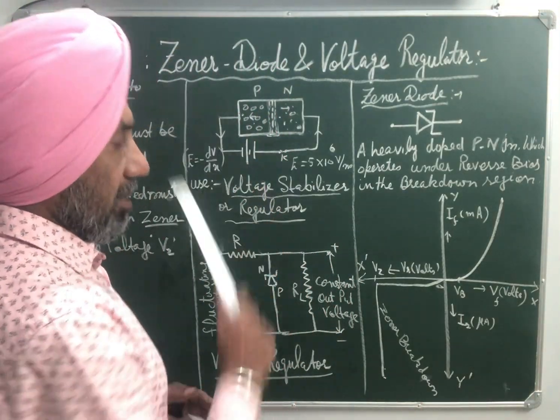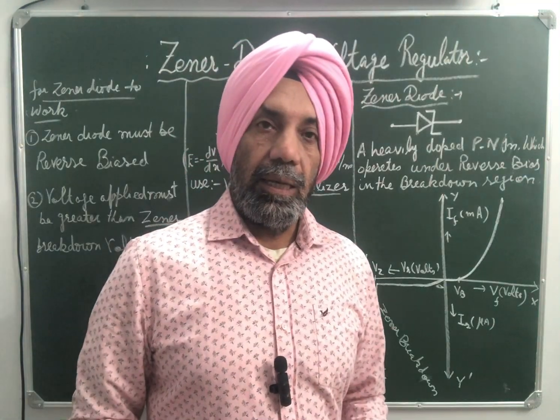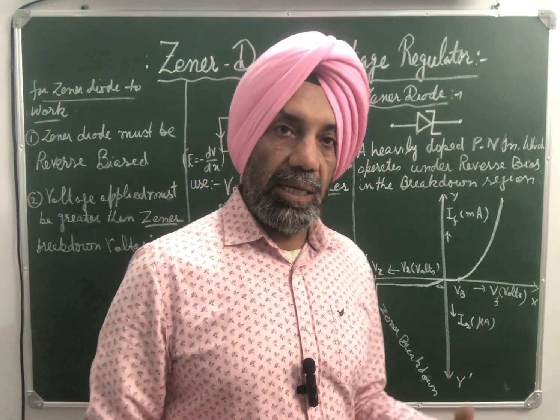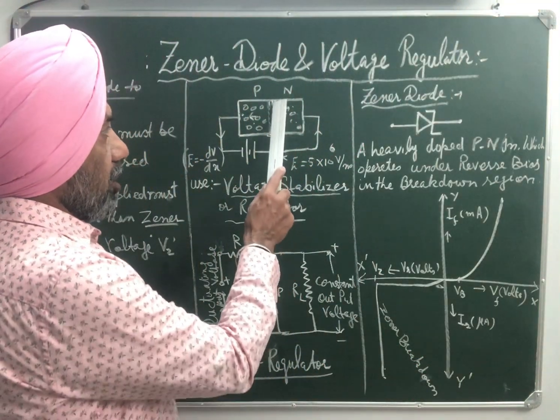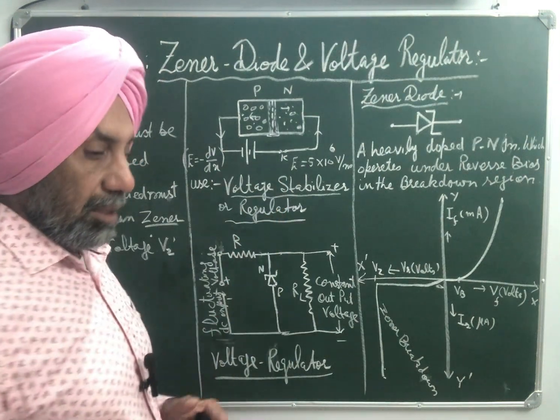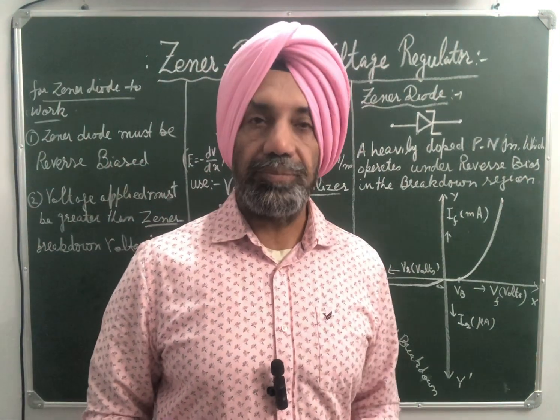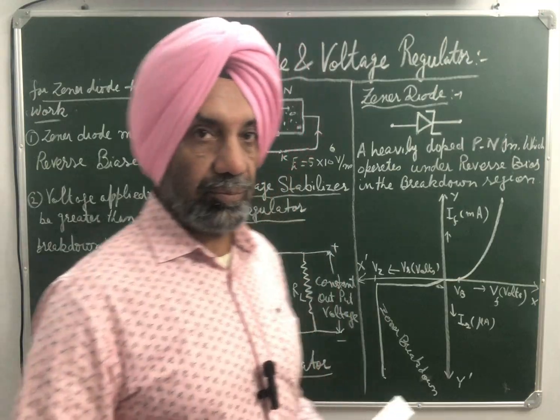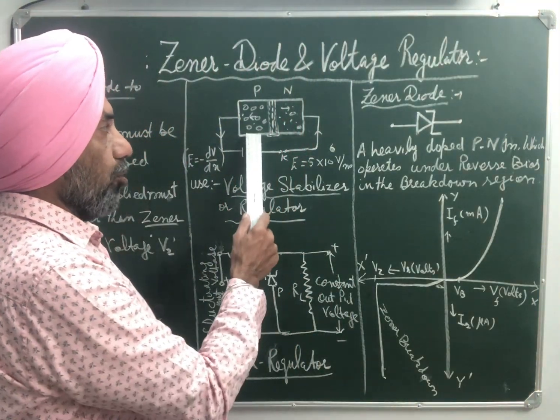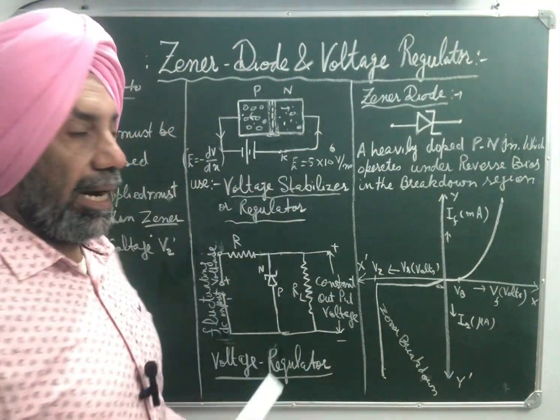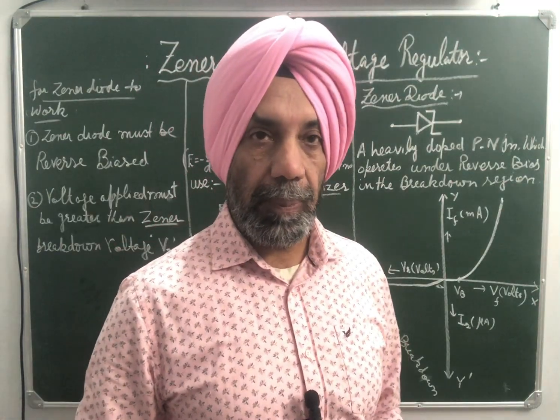But when it is reverse biased, as Zener diode is heavily doped, the depletion region is very thin due to heavy doping of majority carriers, holes of the P section and electrons of the N section.